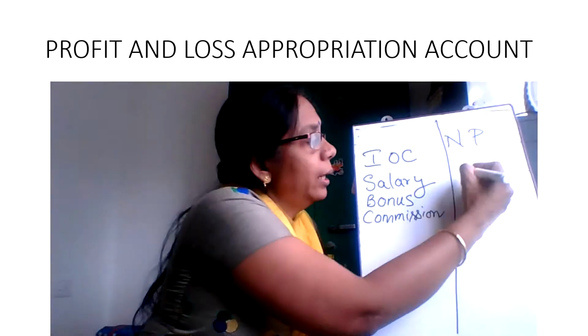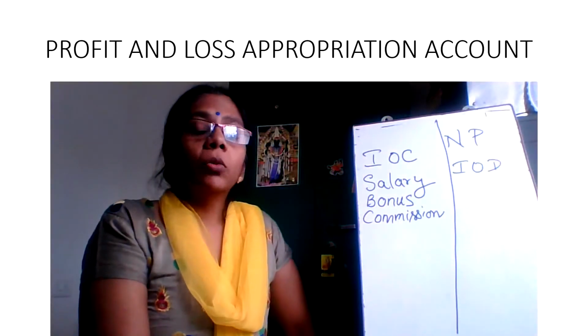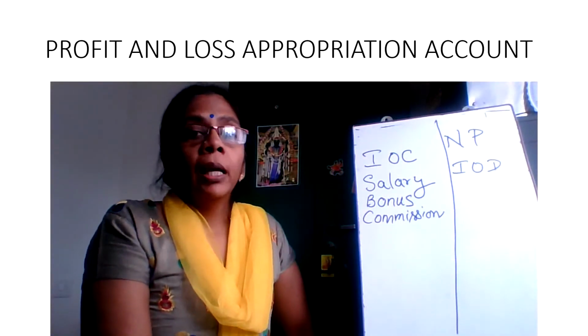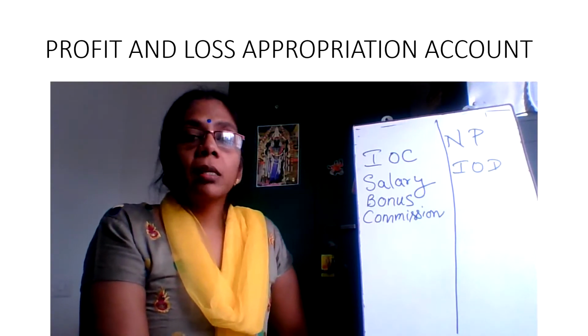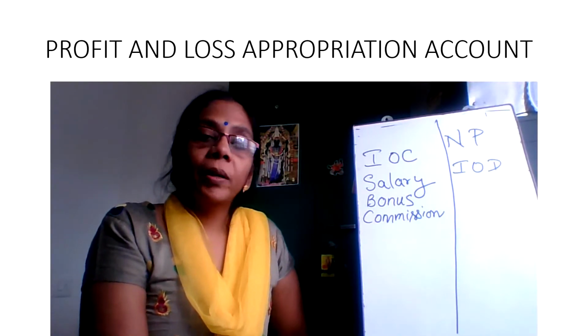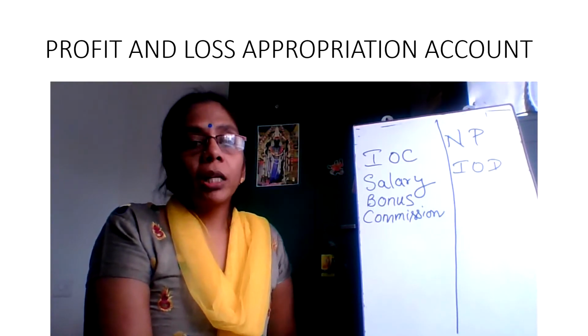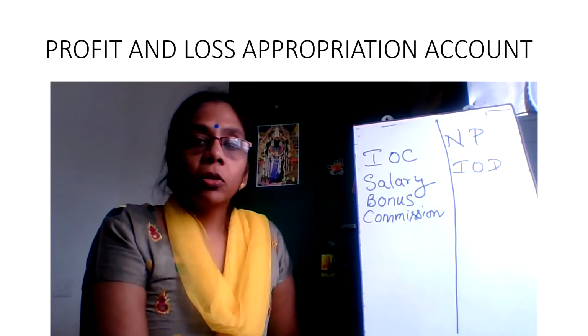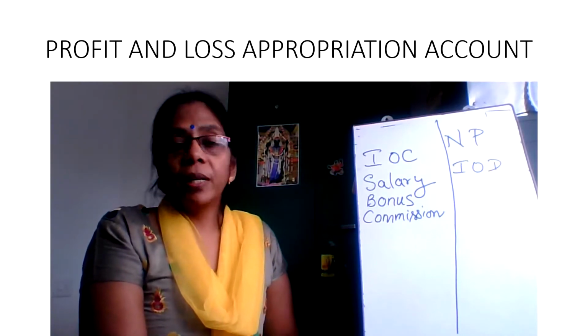Now usually in your class study, interest on drawings would be the only item that would be given on the credit side. Interest on drawings, all of you know, has to be paid by the partners to the firm. So what are drawings? Drawings refer to the money taken by the partner from the business for his personal use.